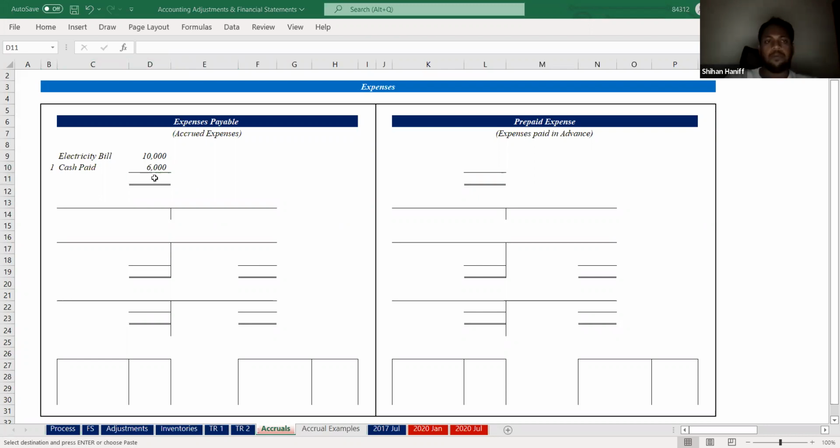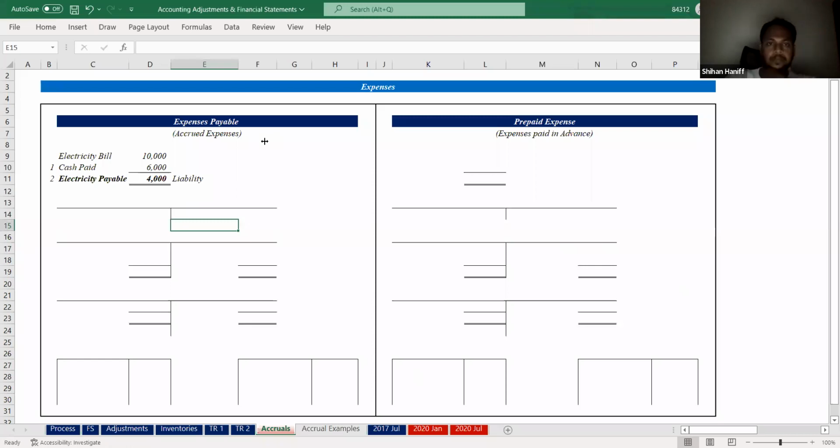Then what about the remaining amount? Is it a liability or an asset? Second answer, electricity payable. It's a liability, right? So you can say liability.